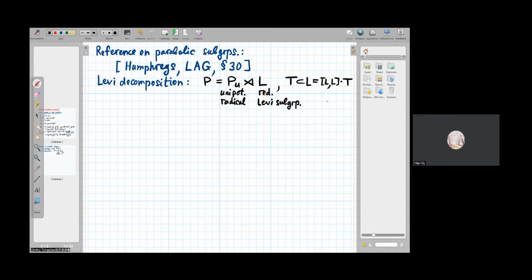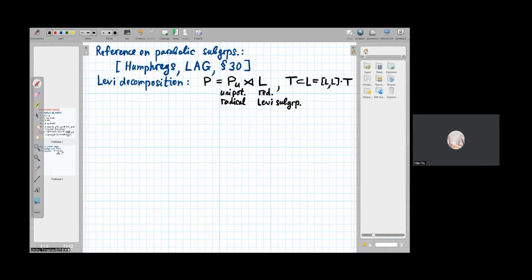Yes, the reductive group L is connected. It is connected because P is connected. Otherwise, P would be disconnected. L is defined uniquely only up to conjugation.